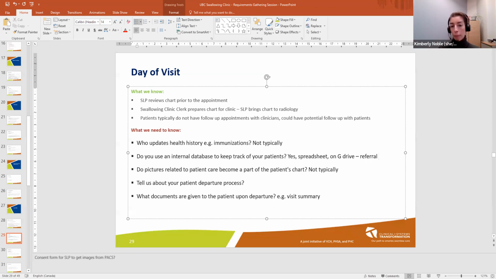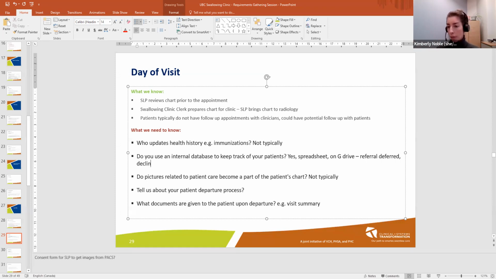Or if somebody declined to be seen, we write a note in there so that we know if we receive another referral from a physician for the same client. Yeah, if a referral came through without sufficient information, Cheryl documents that she's faxed the clinic back to request further. Okay, so it's kind of like your wait list, tracking information. Yeah. Okay. Thanks.